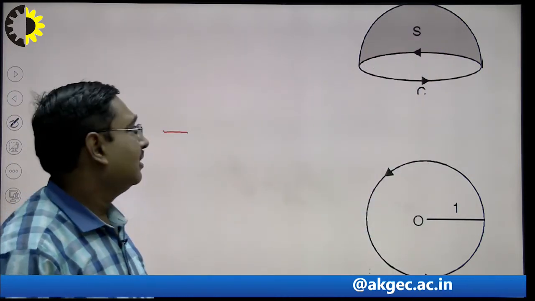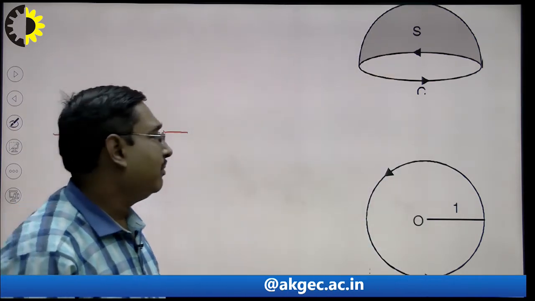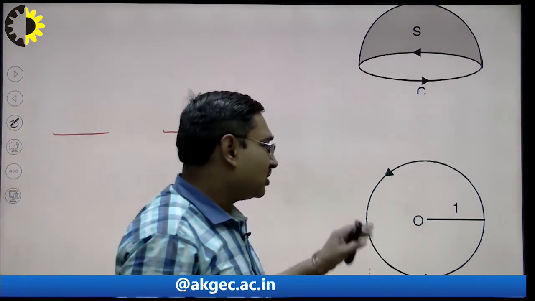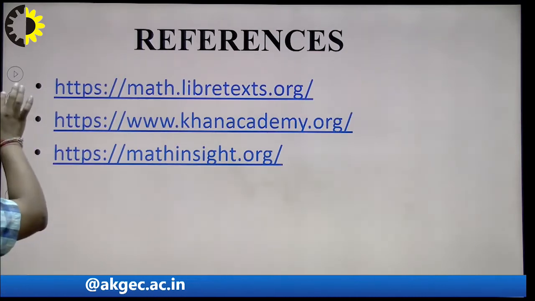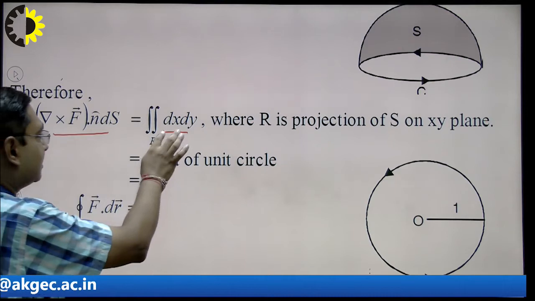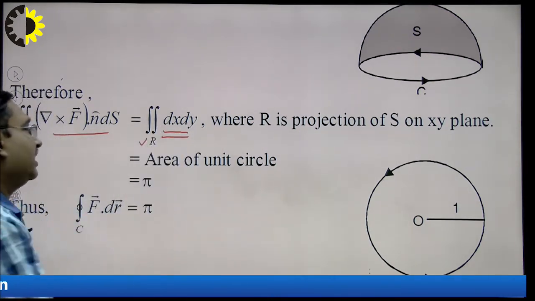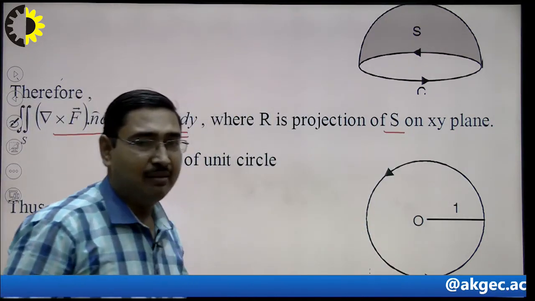As we have seen, its projection or shadow on the xy plane will work as the region over which limits of x and y will be calculated. So this del cross F dot n ds, which was transformed to dx dy, will be calculated over region R, where R is the projection of S on the xy plane.